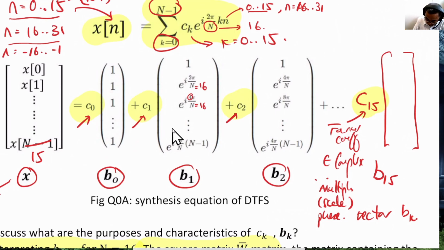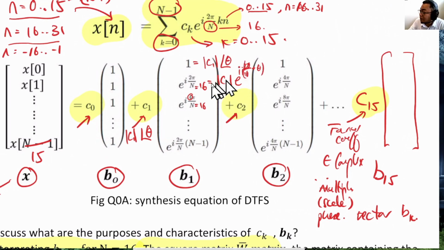Now, if c1 has a magnitude and angle theta, then what will happen is that the first guy will become c1 e^(jθ). And here will be c1 e^(j(2π/16 + θ)).